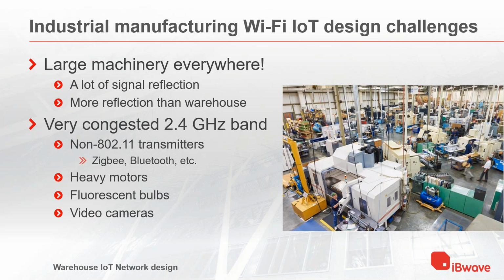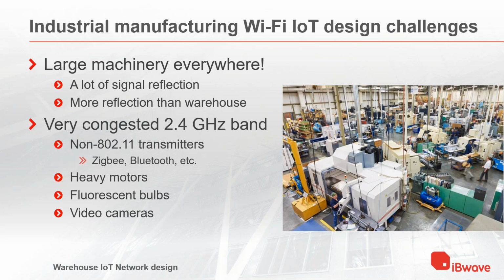Then there are fluorescent bulbs. Almost every industrial manufacturing plant has those, and their buzz can go to the 900 megahertz or 2.4 gigahertz band as well. And then there are video cameras, which may also use 2.4 gigahertz to transmit data. So this is a much more congested area than a warehouse.